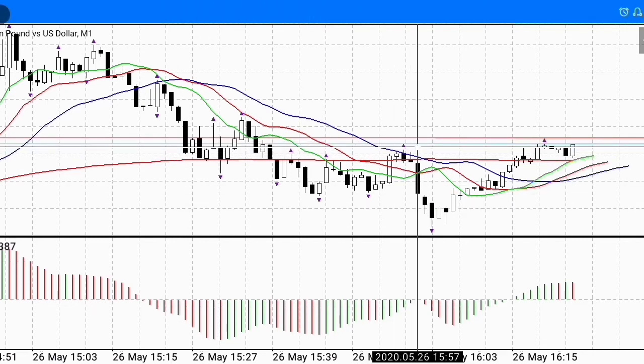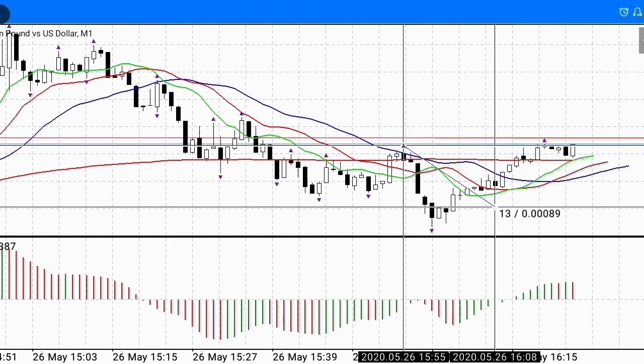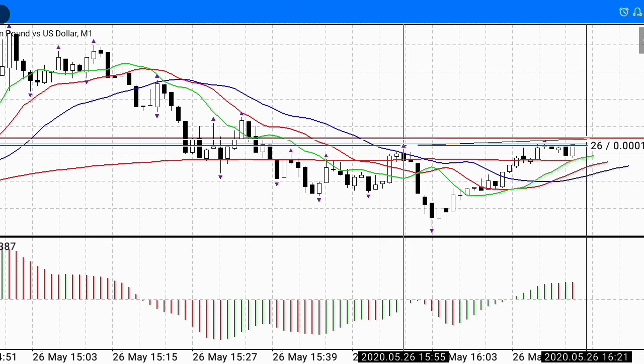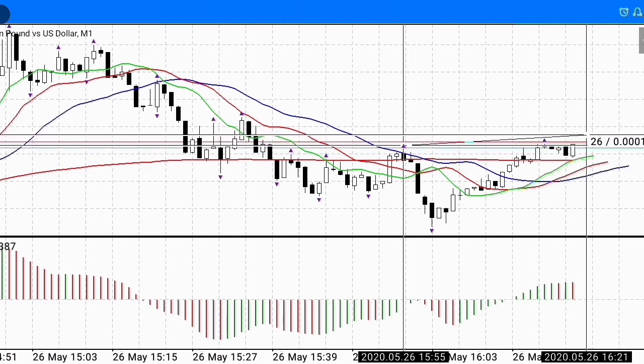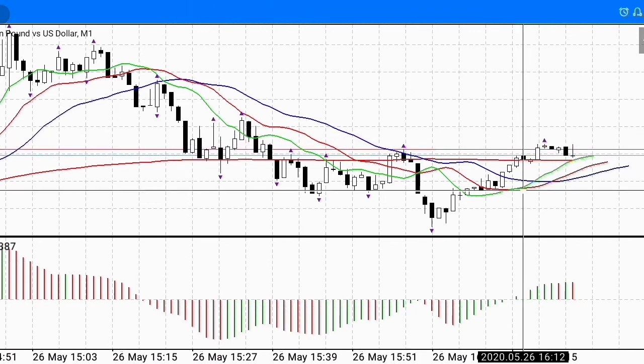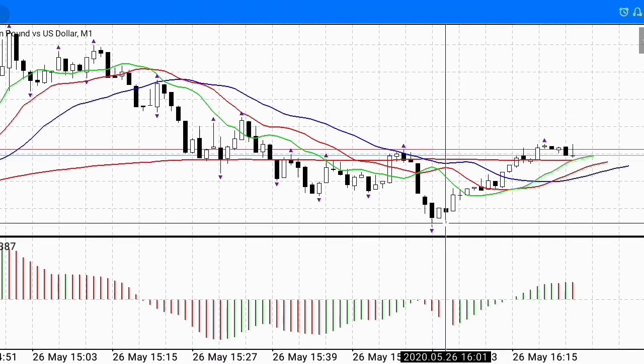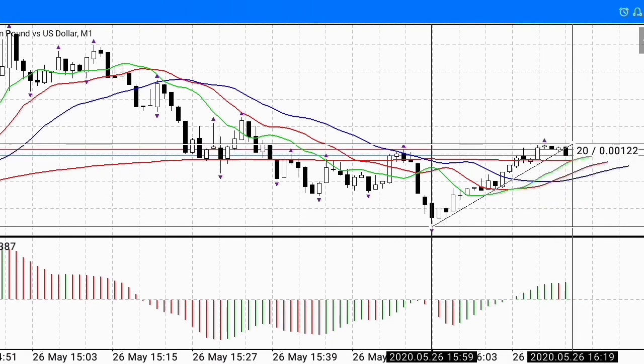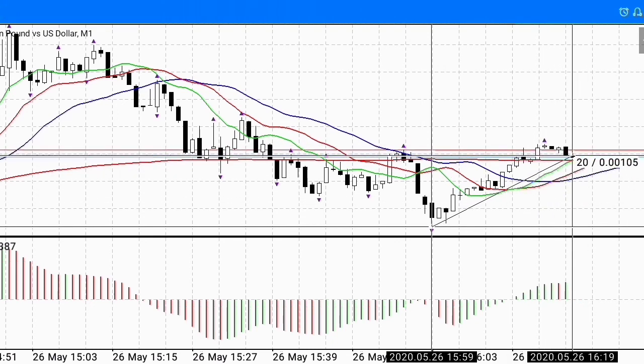So what you're going to do is you just multiply that by the number of lots that you've bought, if it's 0.01 or 0.1 or whatever. Right, so when you multiply that, it's going to tell you that the market has moved this amount of money, and that's the amount of money that you have made. So it's pretty easy, guys.